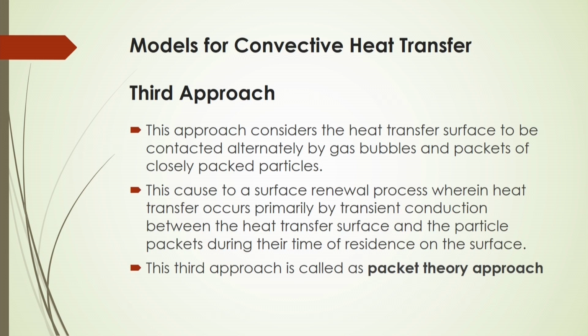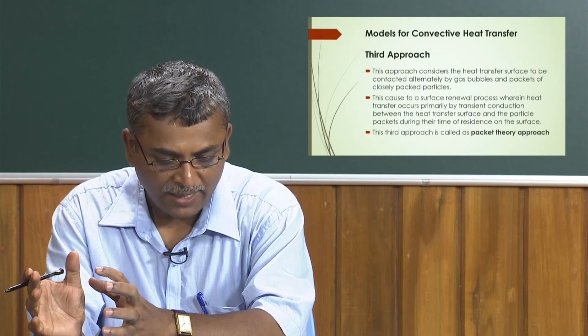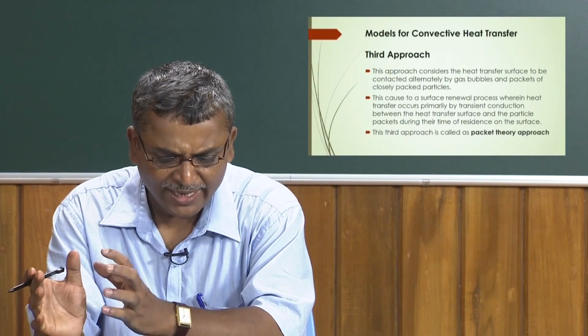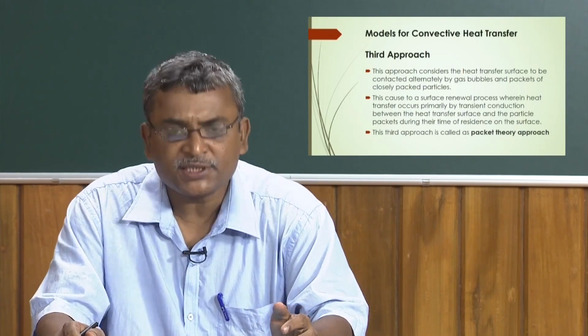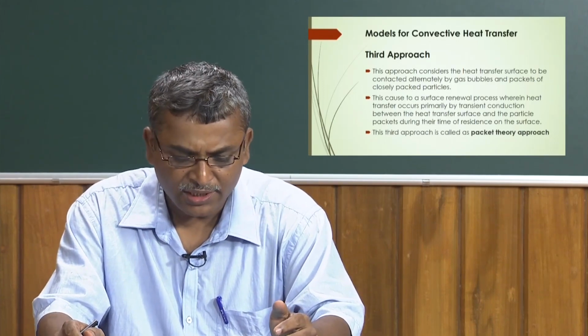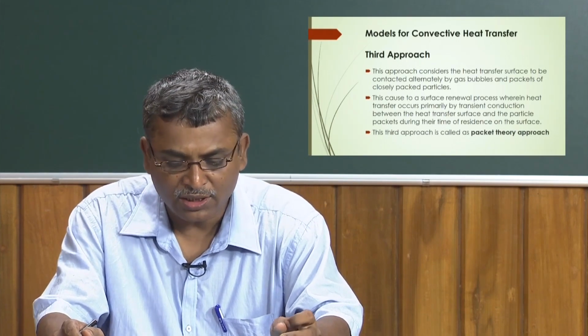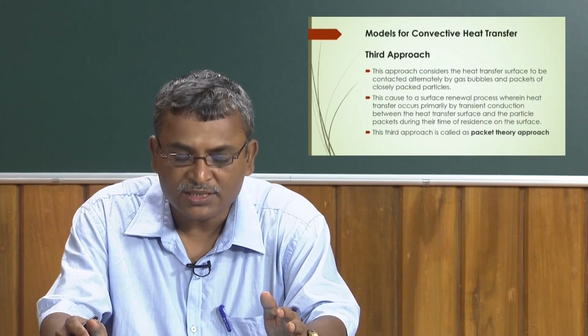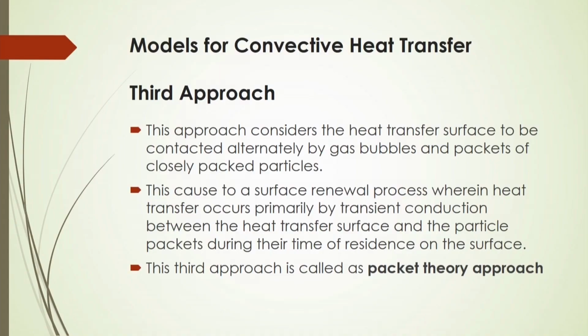This approach considers the phenomenon that heat will be transferred from the bubble to the packets of packed particles. This causes a surface renewal process wherein heat transfer occurs primarily by transient conduction between the heat transfer surface and the particle packets during their time of residence on the surface.